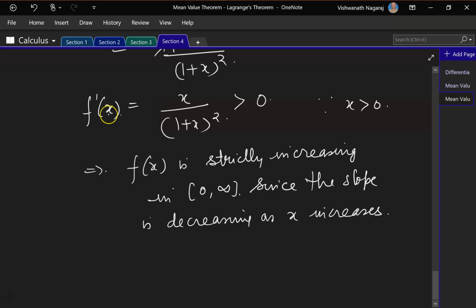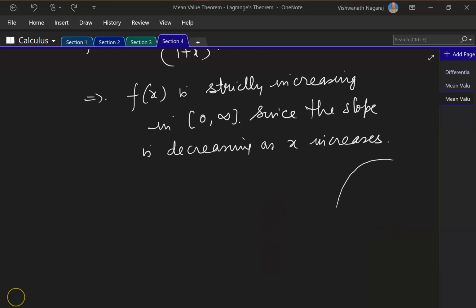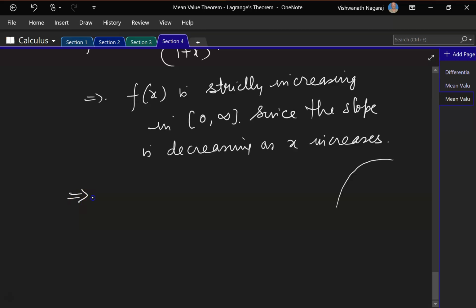So which means the slope keeps decreasing. So the graph would go something like this, right? So which implies in turn that f of x is greater than f of 0 for x greater than 0.